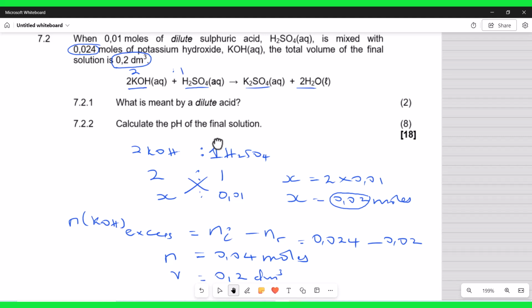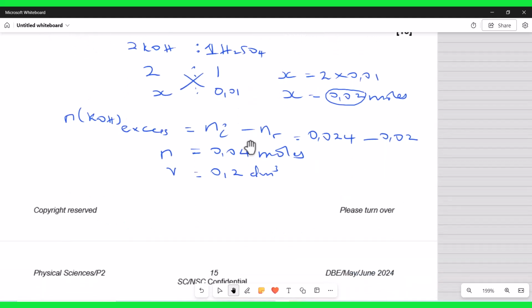To get our concentration, the formula is C equals N over V. C equals N divided by V. So our N is 0,004 divided by 0,2.